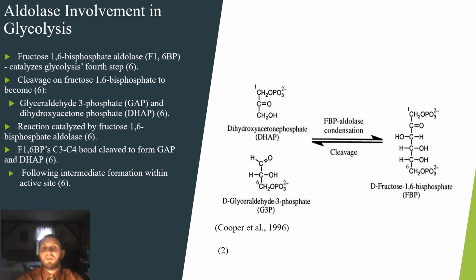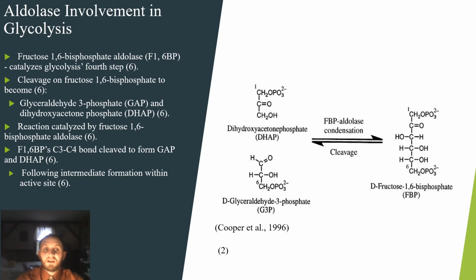So, as I mentioned earlier, it would be divided into glyceraldehyde 3-phosphate, which you could call GAP. And then, of course, this one here is glyceraldehyde 3-phosphate, which you could call G3P or GAP. And here is DHAP, which is dihydroxyacetone phosphate. So this reaction is catalyzed by the fructose 1,6-bisphosphate aldolase.